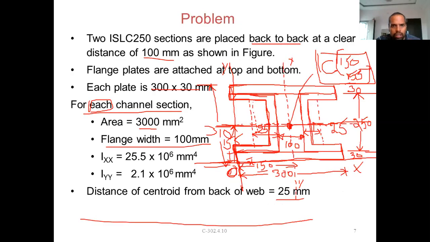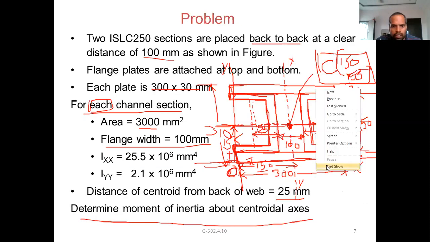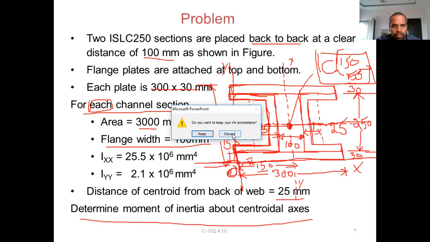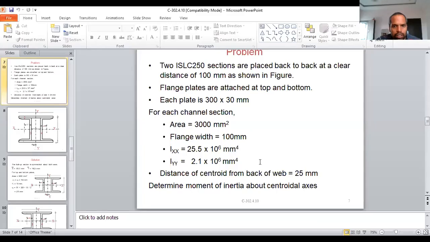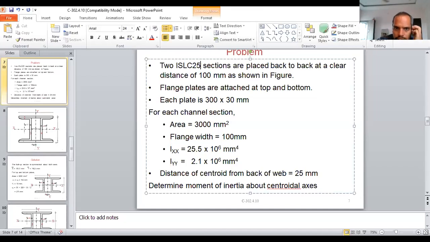If the problem was prepared with 225 only, I will even modify the problem also. Just a minute. We'll discard everything, so I will modify it here itself.